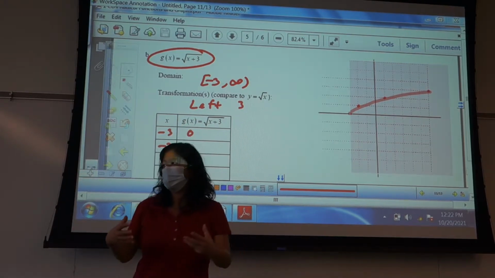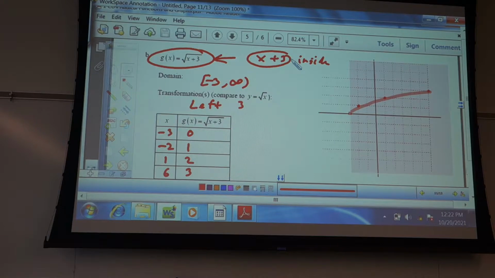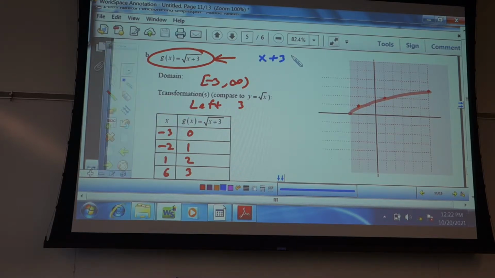Does everyone follow me? So here's my function. What's inside? X plus 3 is inside. So this cannot be negative. X plus 3 has to be greater than or equal to 0.